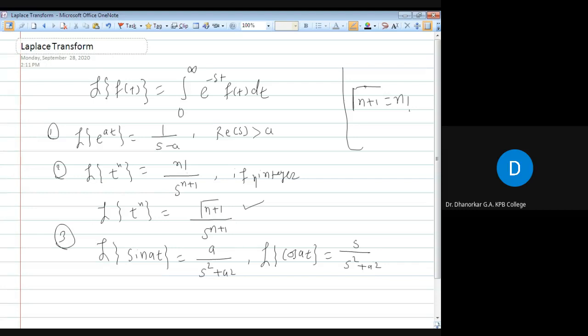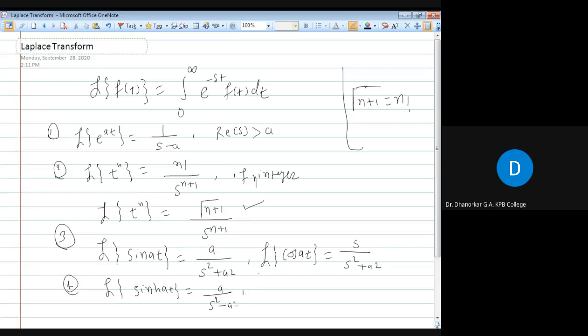Next, we have to find the Laplace transform of sine hyperbolic at. What is it? a divided by s square minus a square.